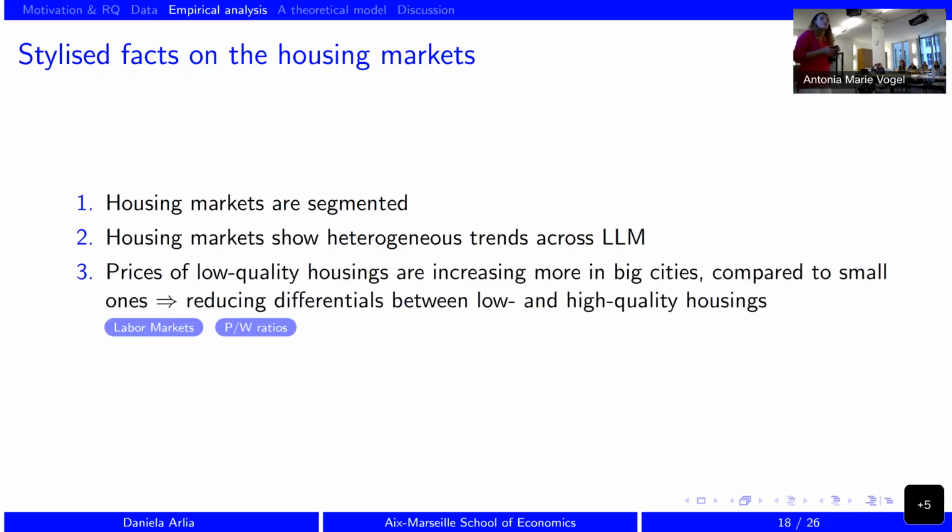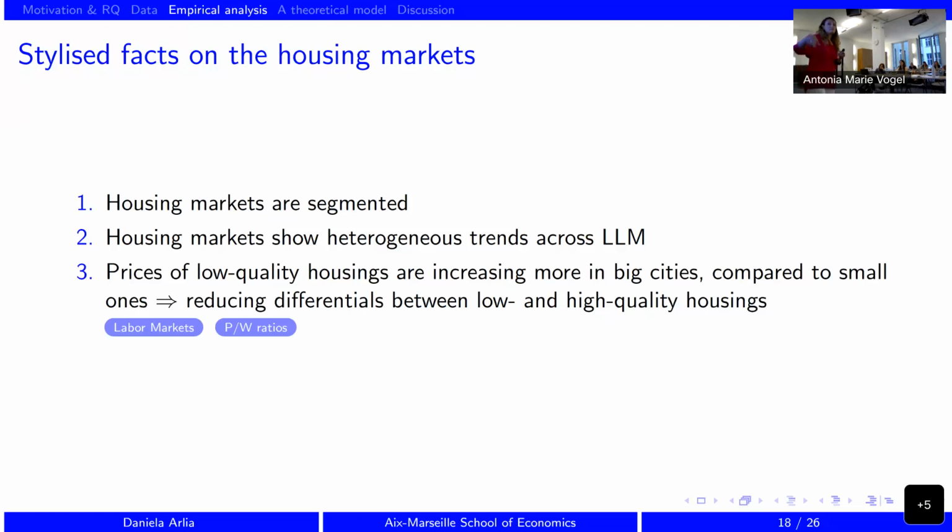Now, if we compare this data on prices with the evolution of wages across different types of markets, we see exactly the opposite. While the market for housing is becoming more homogeneous, the labor market in those big centers is actually becoming more unequal.